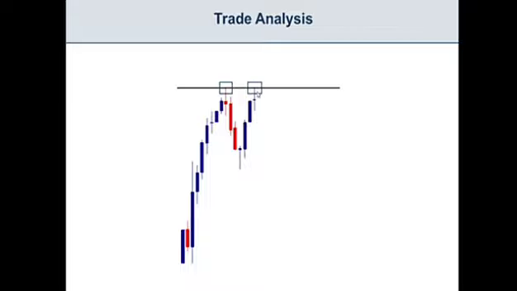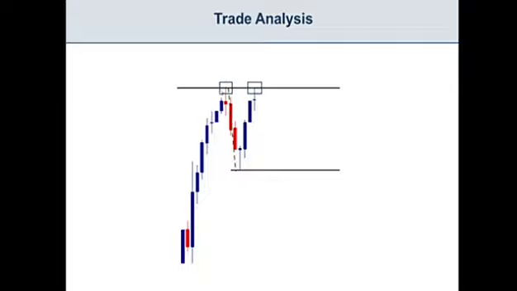Now you can see here that we have a double top. We tested this area of resistance twice, and we have the neckline at this low right here. So the first thing we're going to do is we're going to calculate our targets, right? And our targets are calculated from this high to this low, or from the resistance area to the neckline. Remember that in a double bottom, you calculate your targets from the support area to the neckline.